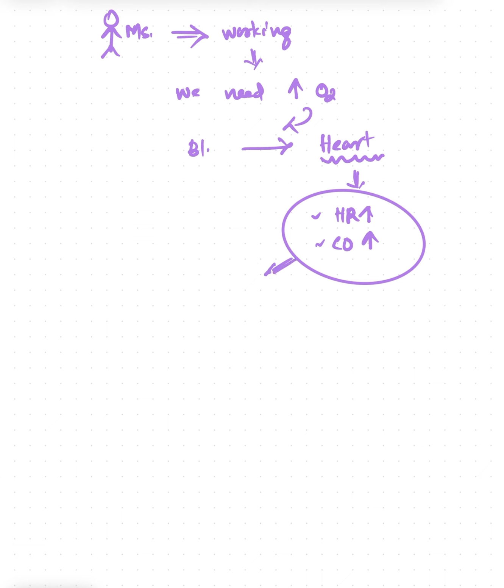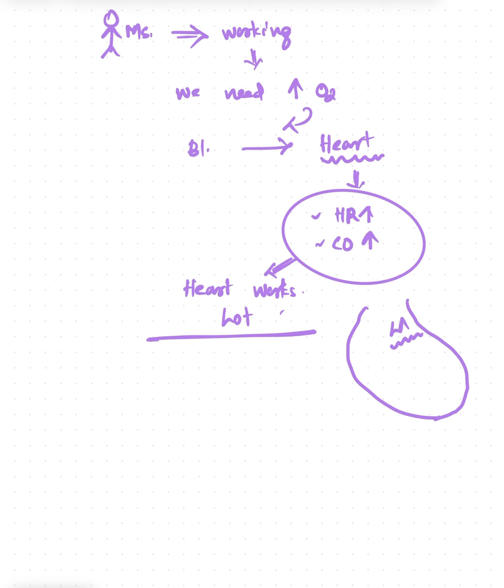What happens? The heart works a lot. When it works a lot, and the blood that is piled up in the left atrium is not going to the left ventricle, the volume of blood in the left atrium increases.